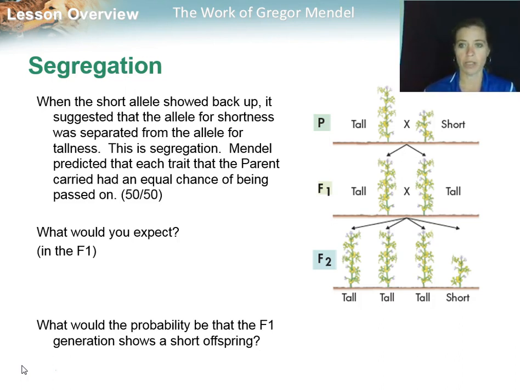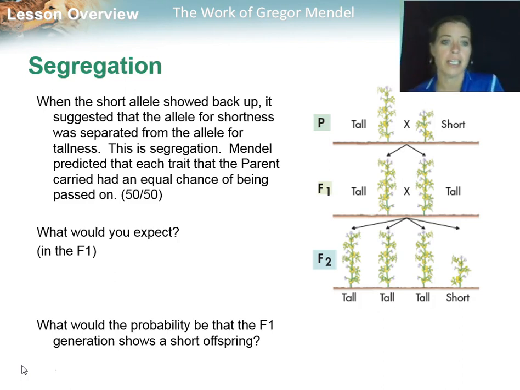So he crossed one of those F1 tall plants with another F1 tall plant, and what he ended up with is all of a sudden the short trait showed back up. So when the short allele showed back up, it was suggested that the allele for shortness was separated from the allele for tallness. This is segregation.